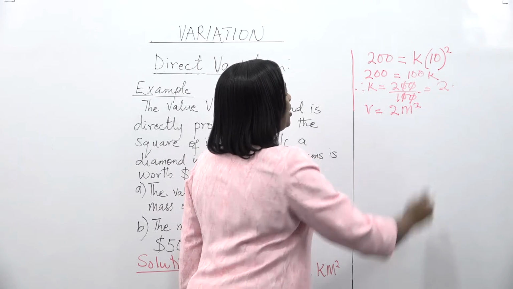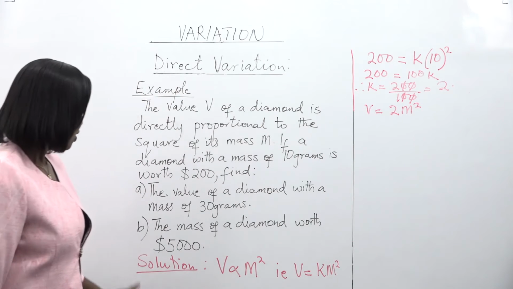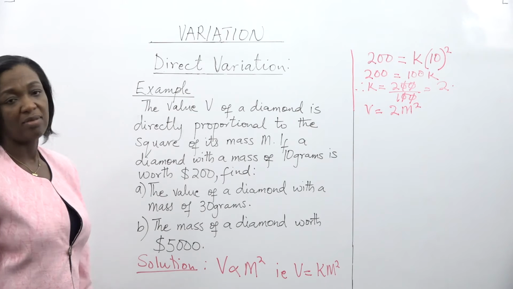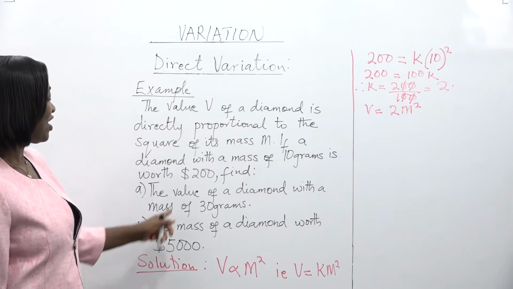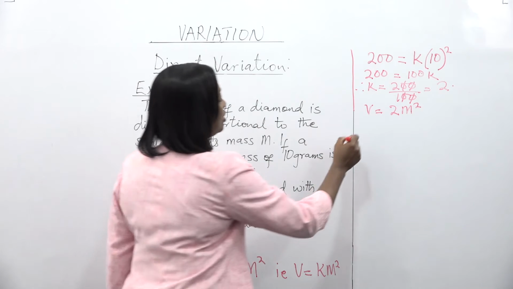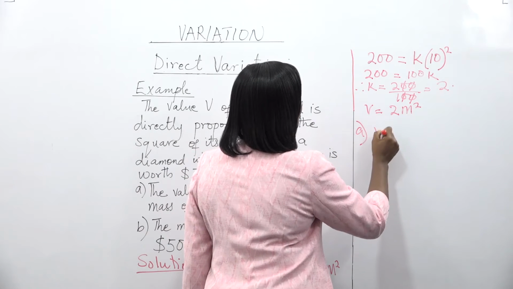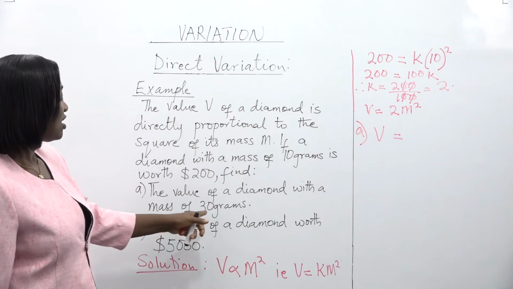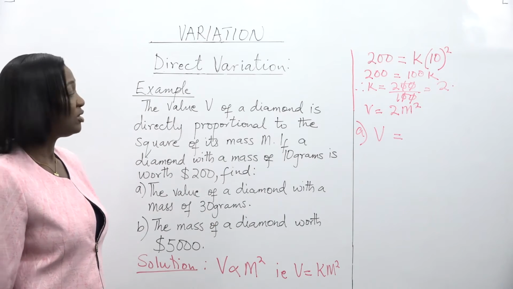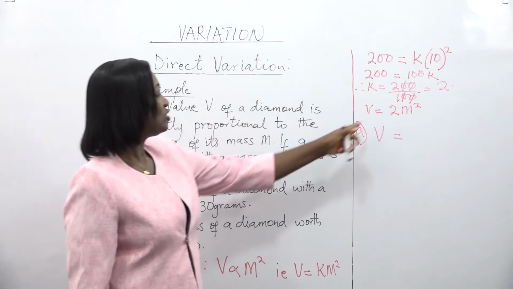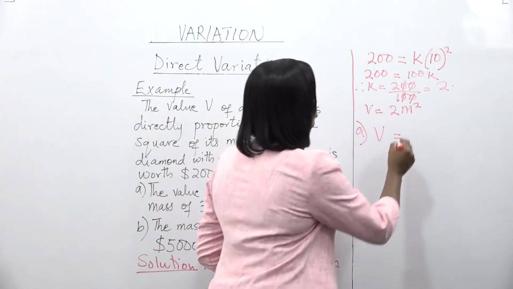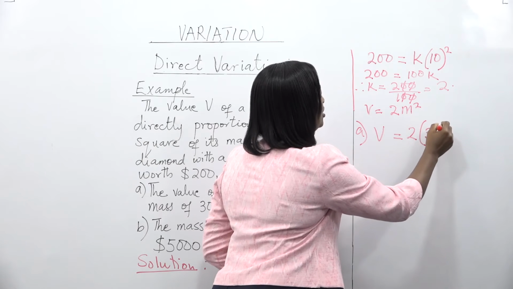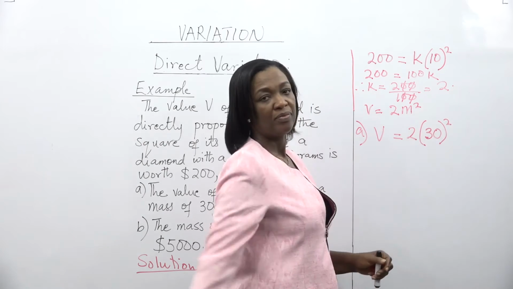All right. So for A, the value of a diamond with a mass of 30 grams is what we need to find. So we're finding V, when we know that the mass is 30 grams. So we input that into the formula. V is equal to 2 times 30 squared.